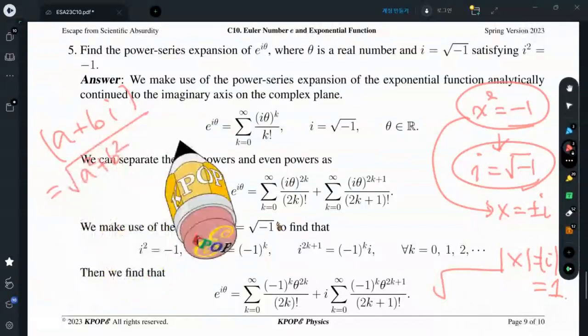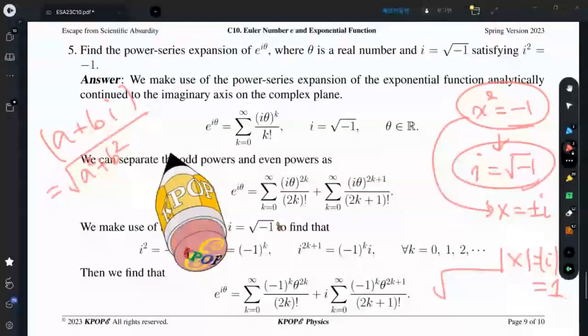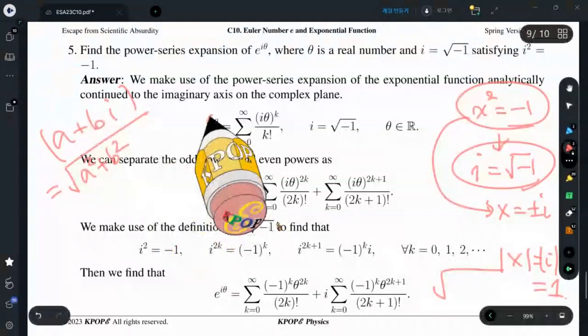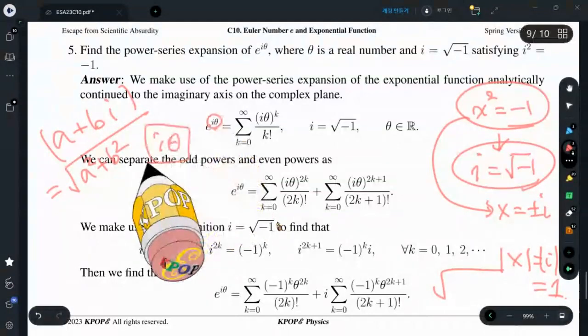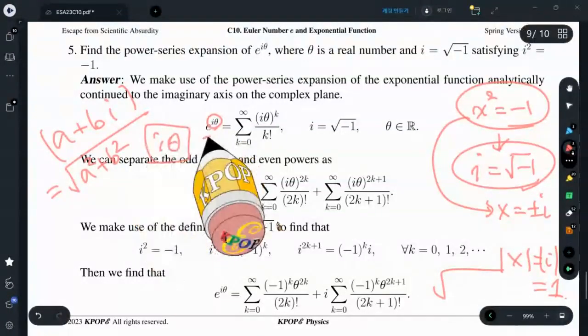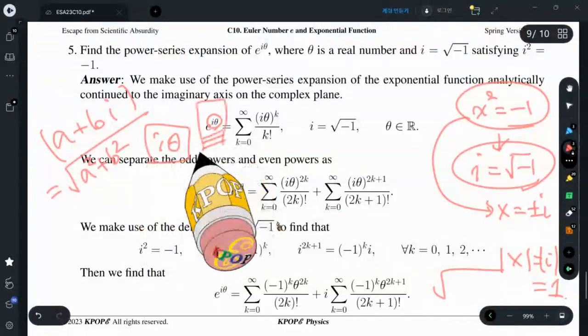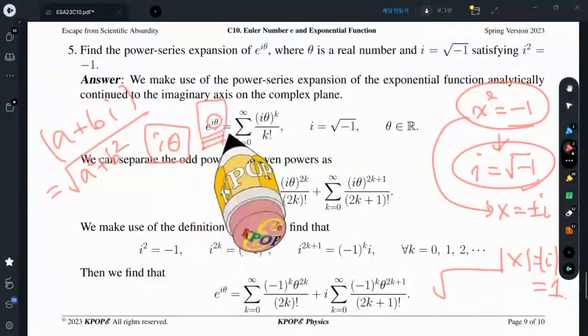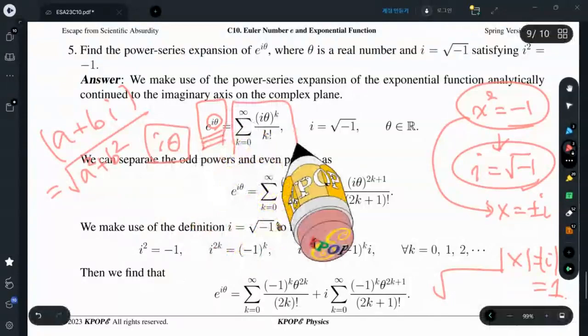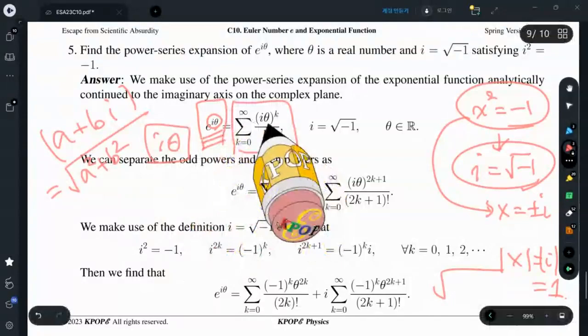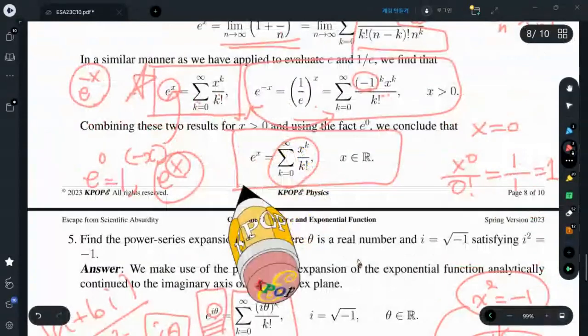Why don't we just substitute i multiplied by a real number into the exponential? I don't know how to compute this on the left-hand side, but I know the right-hand side was expressed in terms of this form.